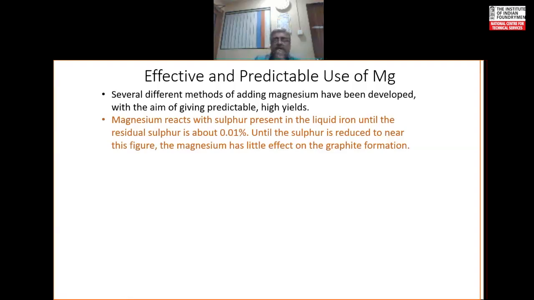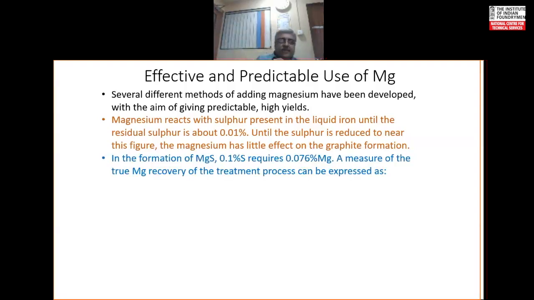Magnesium reacts with sulfur present in liquid iron until residual sulfur is around 0.01%. Once sulfur reaches this level, magnesium has very little effect on graphite formation.